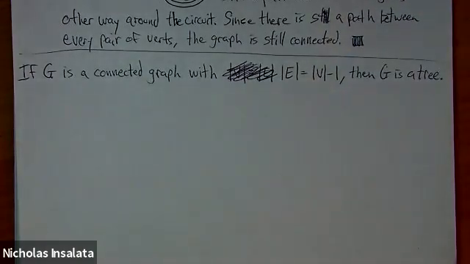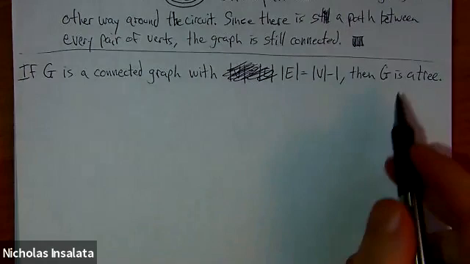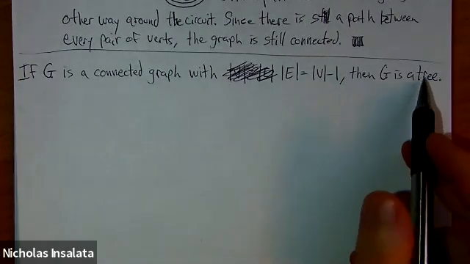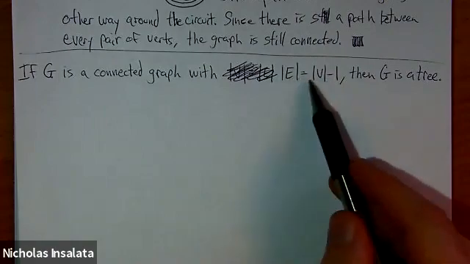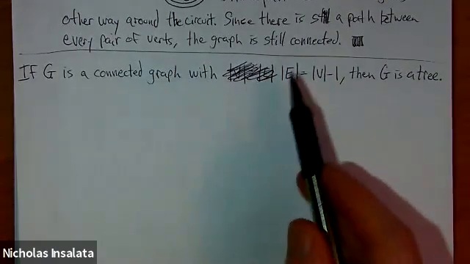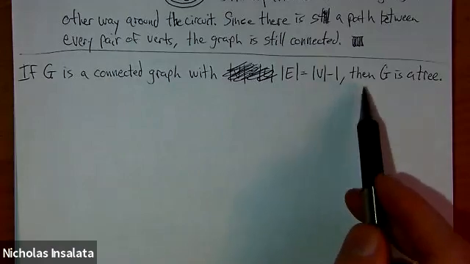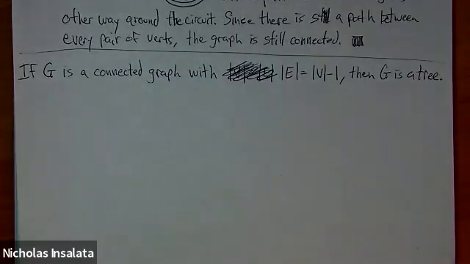So this time we're proving the other direction. Before we said, if G is a tree, then the edge set equals the vertex set minus 1. Now we're going the other way. We've got a connected graph, edge set equals vertex set minus 1, then that has to be a tree. So we're just proving the converse.